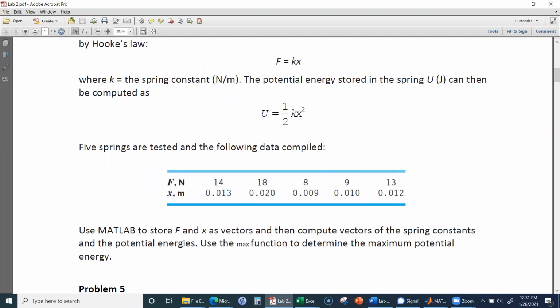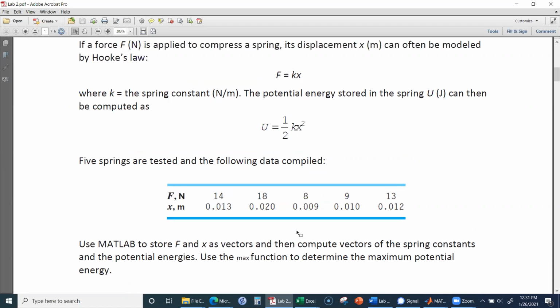And then from these vectors, we can calculate the K. So K will be equal to F over X. So if we have F, then divide by X. So it will be F over X. And then we can also calculate the potential energy from this formula, and then we can get the maximum value. Okay. So it's a simple exercise, but we have to just input this data: 14, 18, 8, 9, 13.